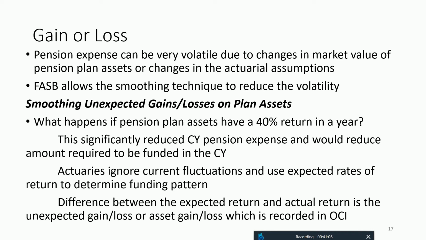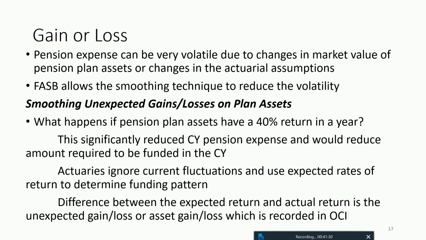Before we get into the actual methodology, what would happen if pension plan assets have a 40% return in a year? If plan assets have that large of a return, they're going to have a significant reduction to the current year pension expense, which would also significantly reduce the amount that's required to be funded in the current year.